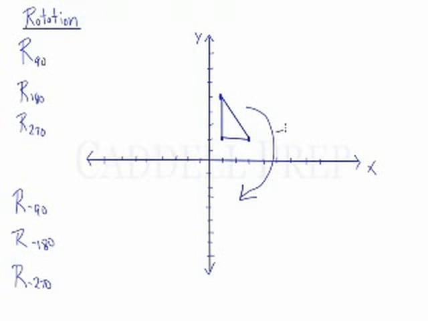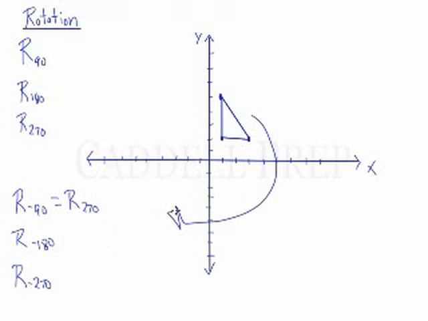Negative 90 is the same as positive 270, because there's 360 in the full circle, so going 90 this way is the same as going 270 the other way. So when we have a rotation of negative 90, we'll just do the same thing we do for rotating 270.